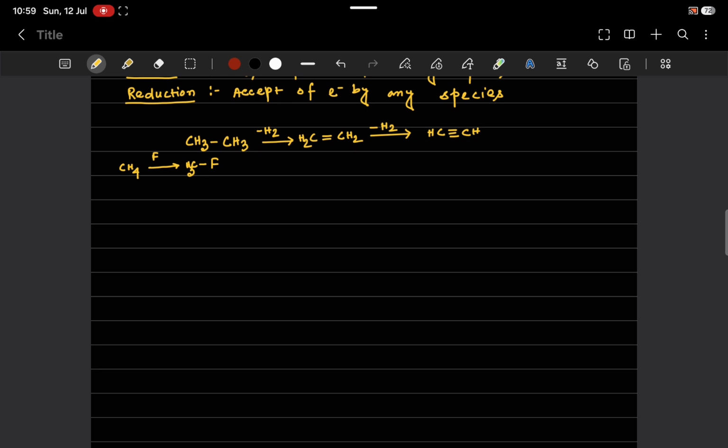I have already told you that if we substitute one hydrogen atom by one fluorine atom, you can consider it as an oxidation process. In later stages, I will discuss several oxidation reactions.